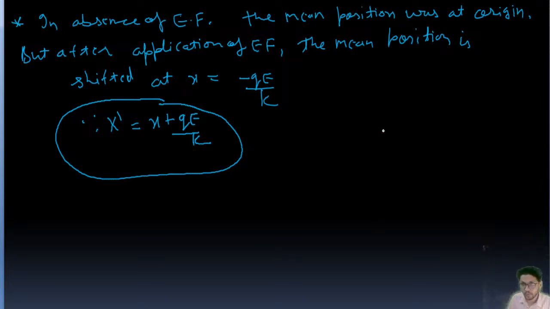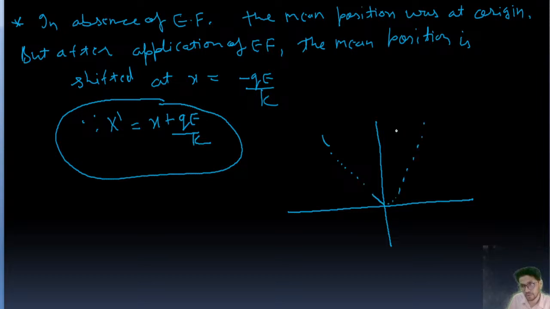By diagram, I'm going to explain like this. Initially, the harmonic oscillator is like this. At the origin, the mean position of the harmonic oscillator is at the origin.